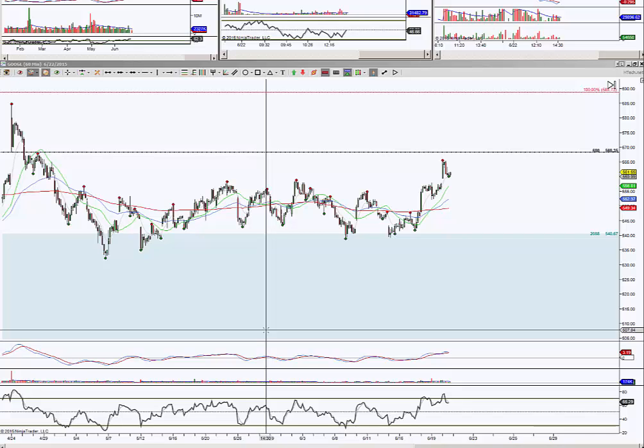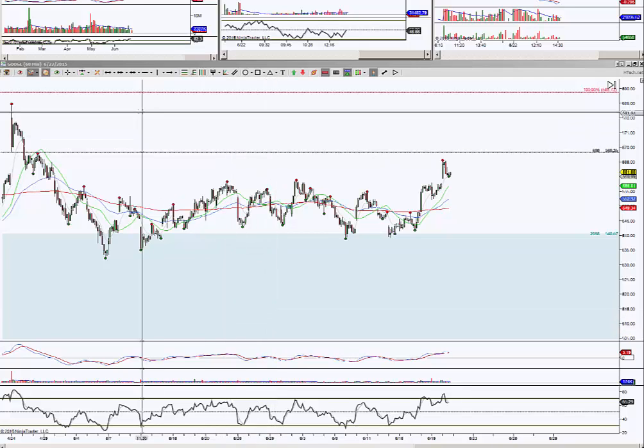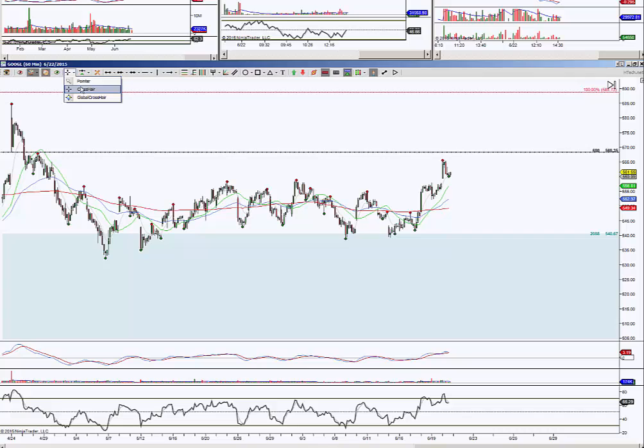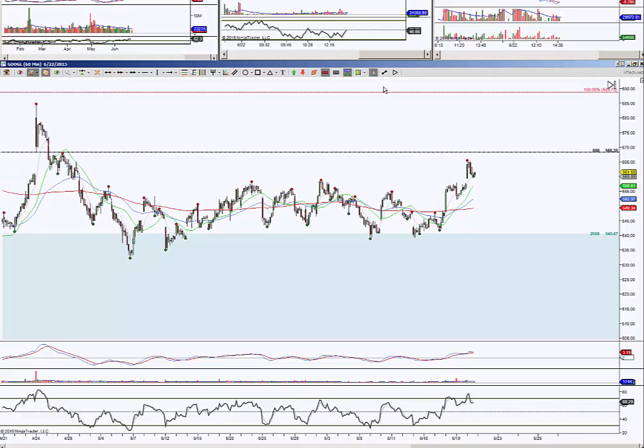Alrighty, now I have gone to an intraday time frame, which in this instance I'm using an hour chart. Now there's a couple of things that really stick out for me here. So I'm going to draw these.